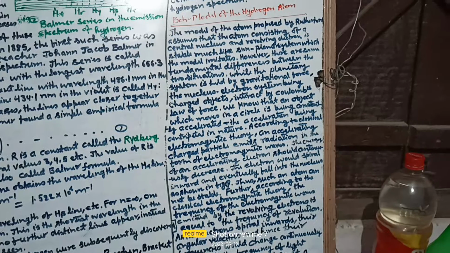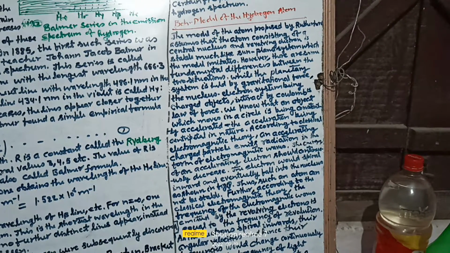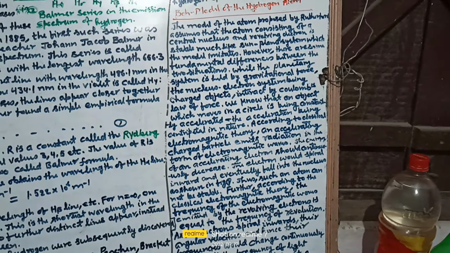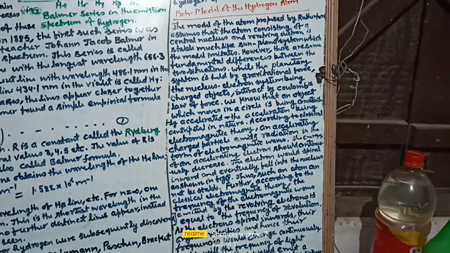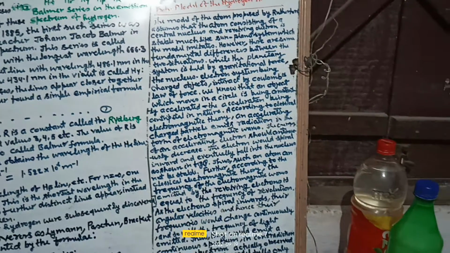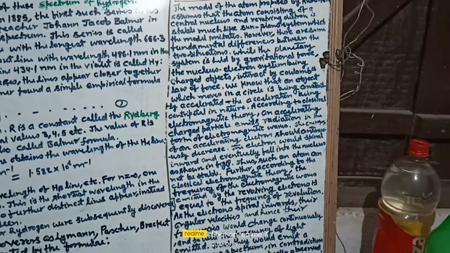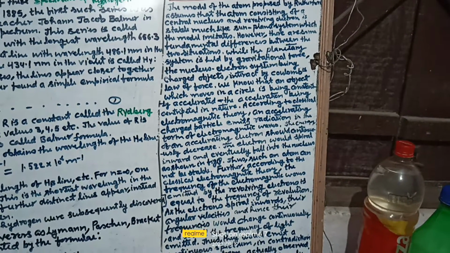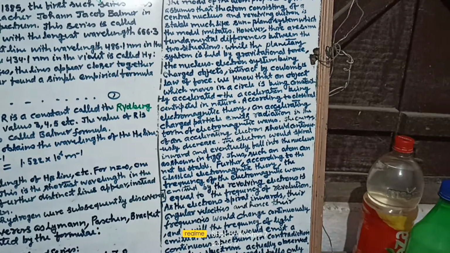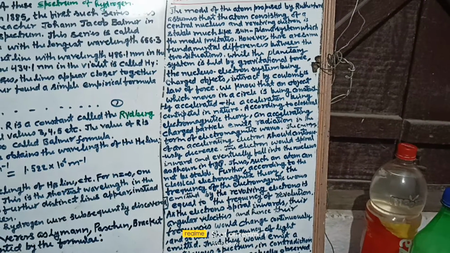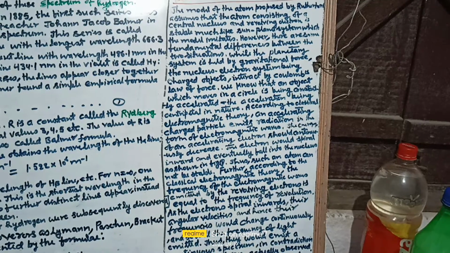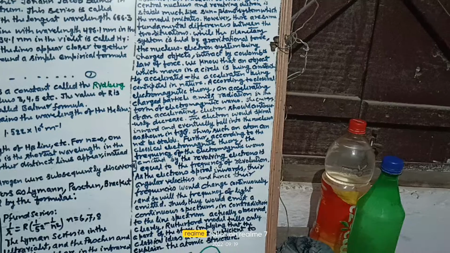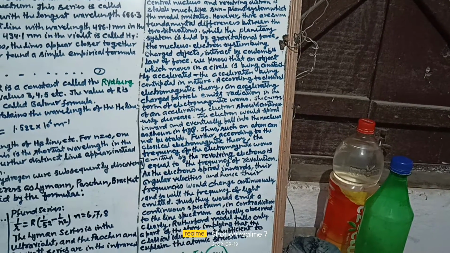We know that an object which moves in a circle is being constantly accelerated, the acceleration being centripetal in nature. According to classical electromagnetic theory, an accelerating charged particle emits radiation in the form of electromagnetic waves. The energy of an accelerating electron should continuously decrease. The electron would spiral inward and eventually fall into the nucleus, as shown in figure 1. Thus, such an atom cannot be stable.